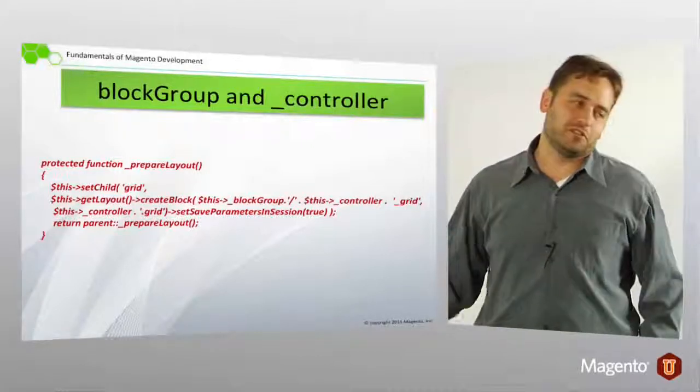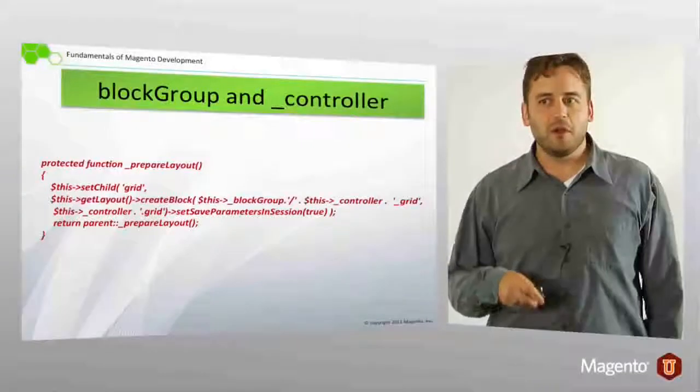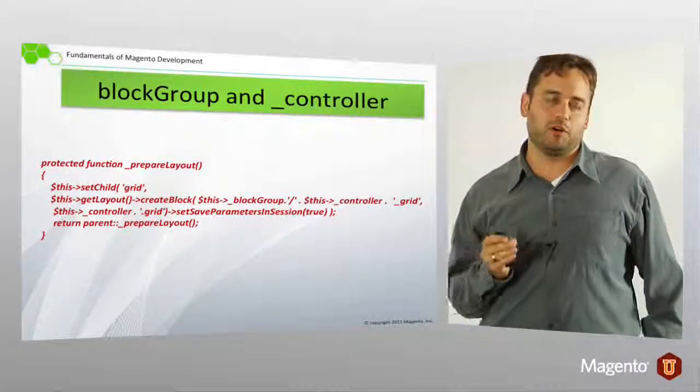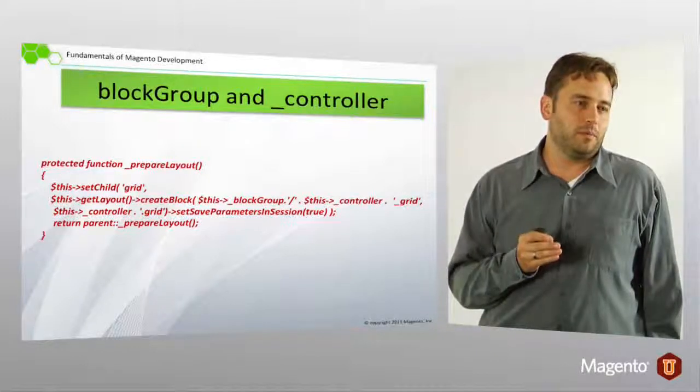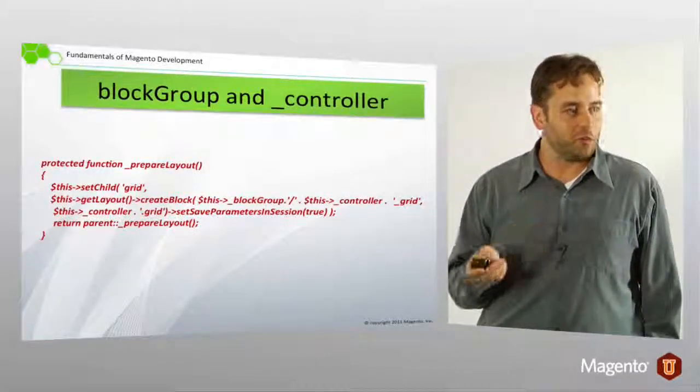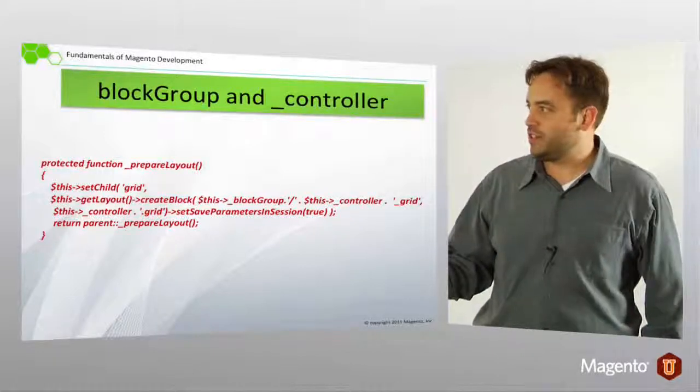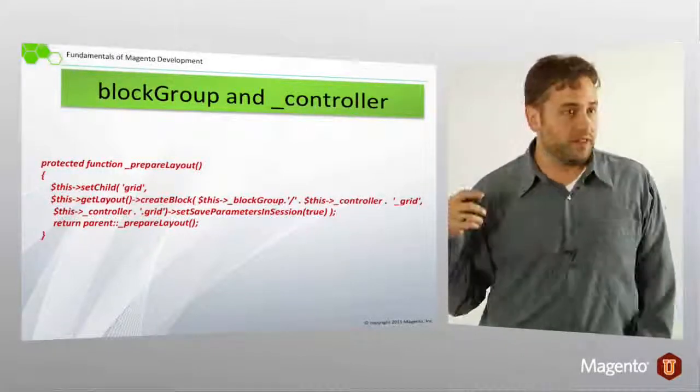I'll show you what this looks like in a second. Again, something a little more difficult to understand while I'm talking about it, much more understandable once I'm showing you. So in here we're also calling set save parameters and session true. I'll explain that in a moment as well.